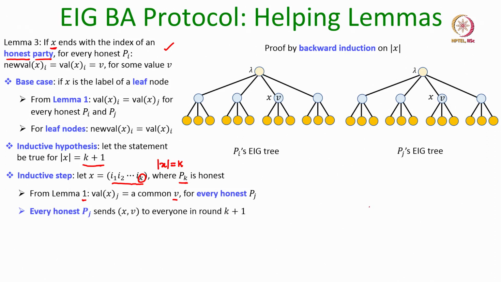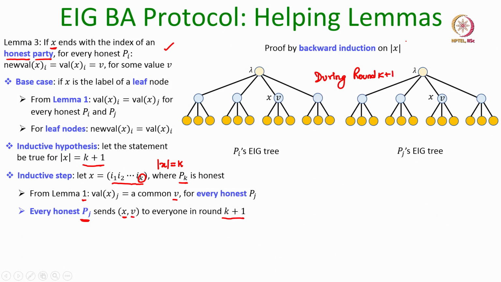So, for that the first thing to observe is that during round k, what would every honest Pj have done? Every honest Pj would have communicated the message that, hey, in my copy of the EIG tree, the value of the node labeled x is v, and it would have sent this message identically to everyone.